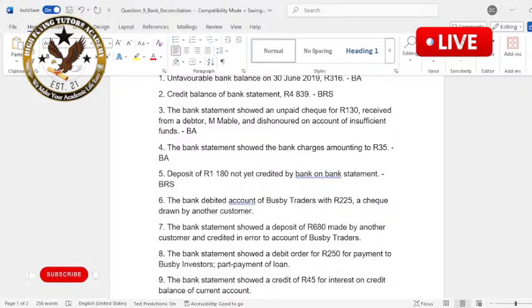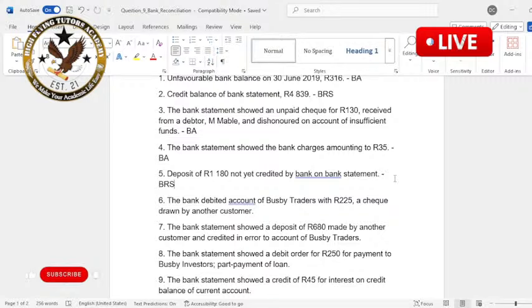Therefore, when something does not appear in the bank statement, it means it does appear in our cash book, which is our bank account.